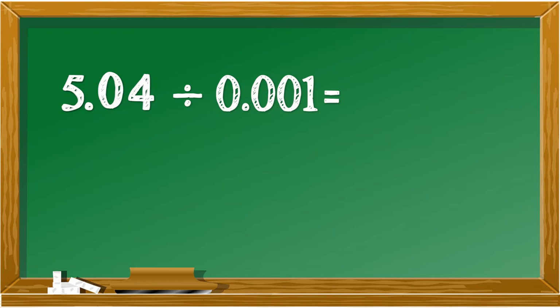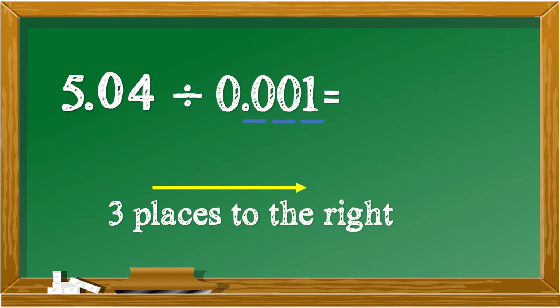Next, we have 5 and 4 hundredths divided by 1/1000. 1/1000 has 3 decimal places. So we will move 3 places to the right. First, copy 5 and 4 hundredths and then move 3 places to the right. 1, 2, 3, and then put the decimal point.